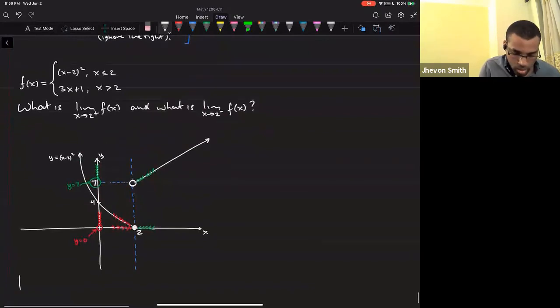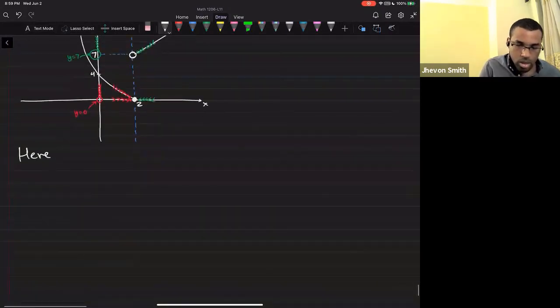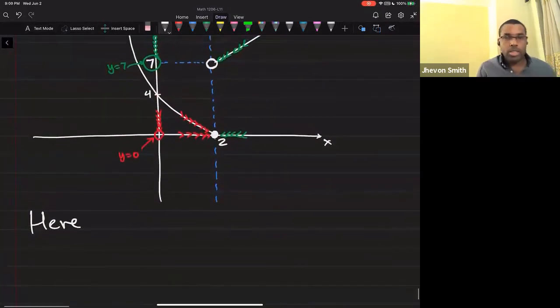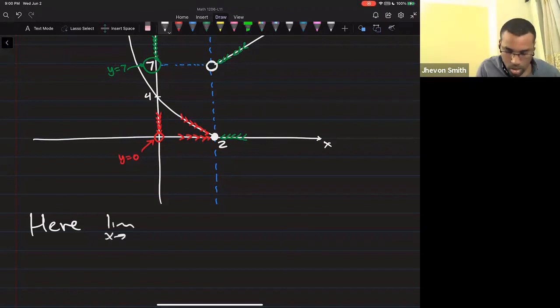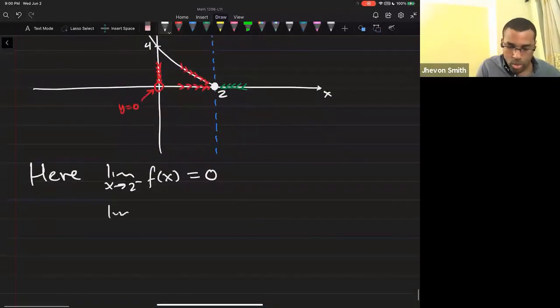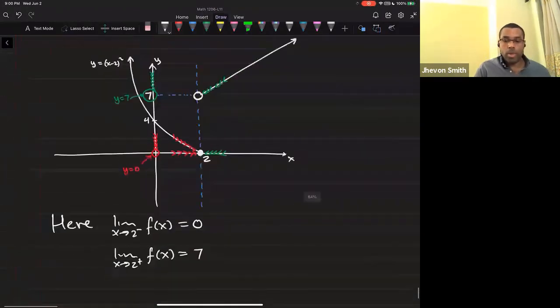Here, you can see the left represents what's in red. And clearly, as we're getting close to 2 from the left, the output is getting close to 0, while the limit as we're approaching 2 from the right is getting close to 7.